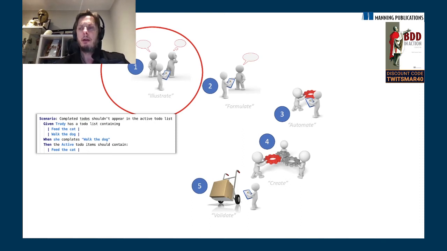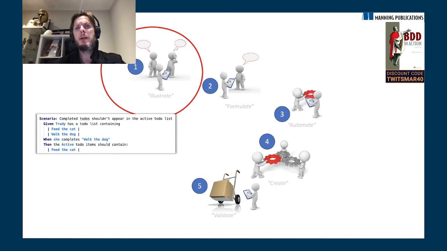And what we found was that writing good given when then statements in a non-trivial domain, so this is a to-do list, it's pretty easy, but when it gets into real world domains, writing those given when thens is quite finicky. It takes a lot of skill to get it right. It takes a lot of time to refine that, and you end up doing a lot of back and forth to get that right. But this is not a good use of a product owner's time.